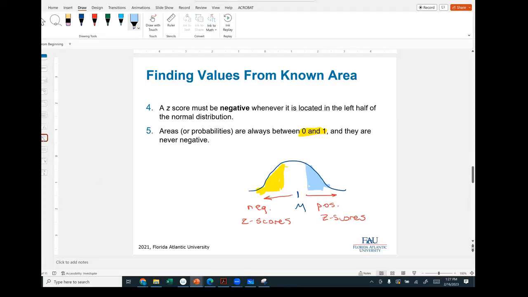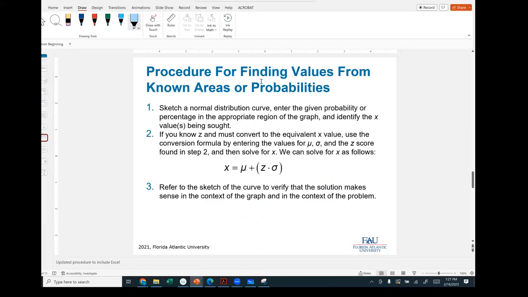Don't worry. Procedure for finding values from known areas or probabilities: we would sketch a normal distribution curve, enter the given probability or percentage into the appropriate region of the graph, and identify the X value being sought.